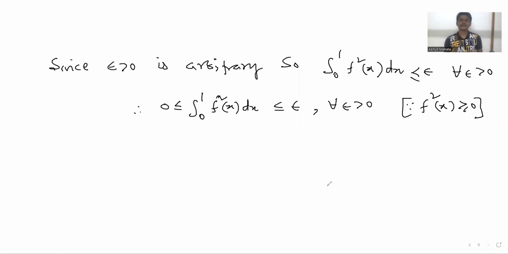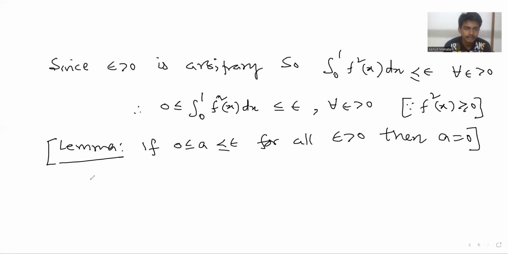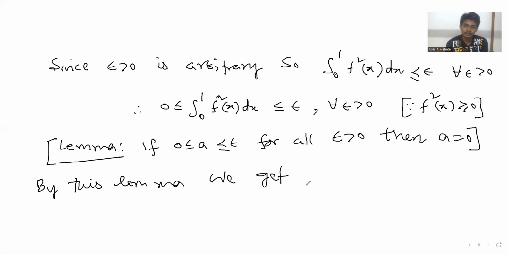Now we have a statement, this is the lemma you can say: if 0 is less than or equal to a, which is less than or equal to epsilon for all epsilon greater than 0, then a must be 0. This is a very trivial lemma. By this lemma we get that the integration from 0 to 1 of f square x dx is 0.